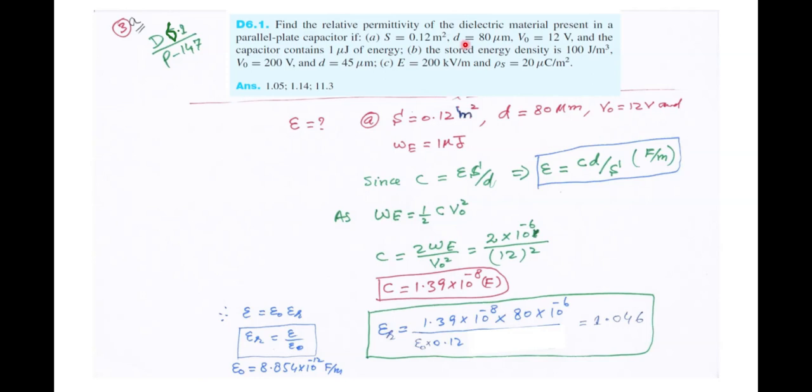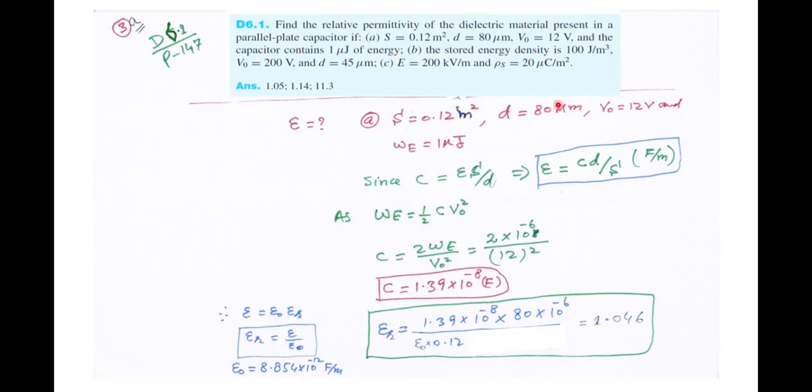The spacing between the incremental areas is d equal to 80 micrometer, and the potential difference between the two is 12 volt, and the capacitor contains 1 microjoule of energy.